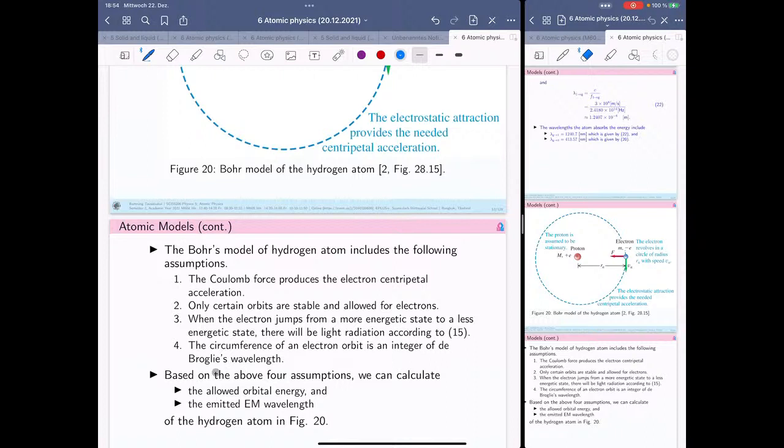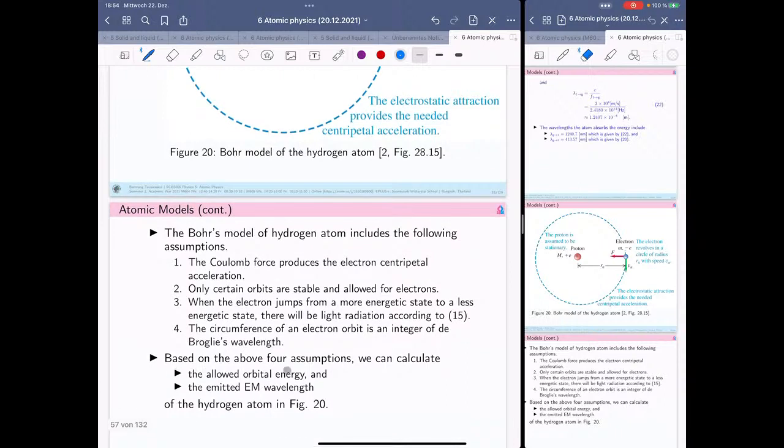The circumference means the path along the circular orbit of the electron. The de Broglie wavelength will come later. Based on the above four assumptions, we can calculate the allowed orbital energy and the emitted EM wavelength of the hydrogen atom in figure 20.